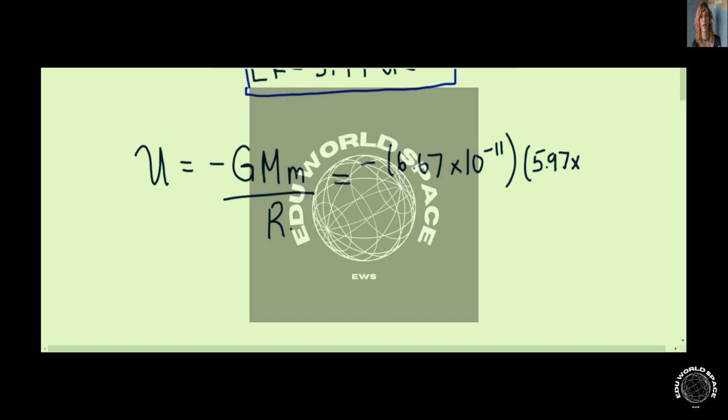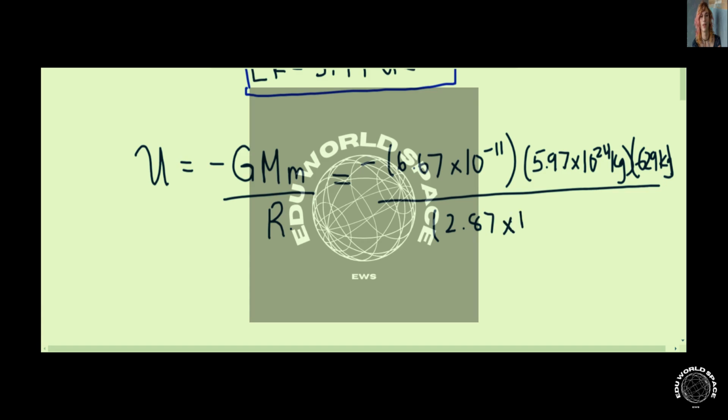So let's just sub everything in here. We've got 5.97 times 10 to the 24 kilograms for the Earth's mass. And then for the separation between the two objects, we have 2.87 times 10 to the 6 kilometers. If we want to convert that to meters, we need to multiply by 1,000, so that becomes 10 to the 9.